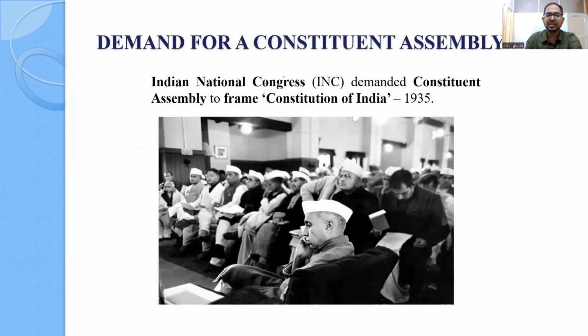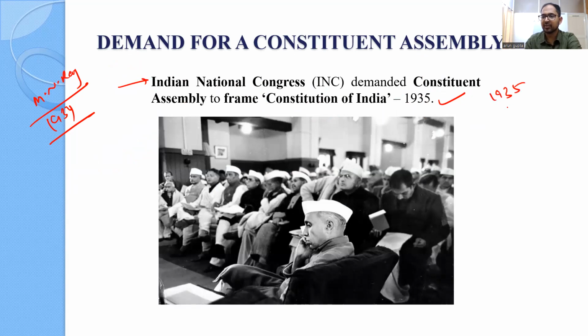So when did the demand for a constituent assembly come? It came from M.N. Roy, a noted communist leader, in 1934, where he talked about a constituent assembly for India. The demand was further put up by the Indian National Congress in 1935, and it demanded that a Constituent Assembly should be there to frame the Indian Constitution.